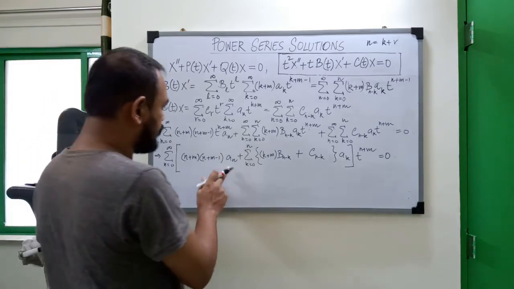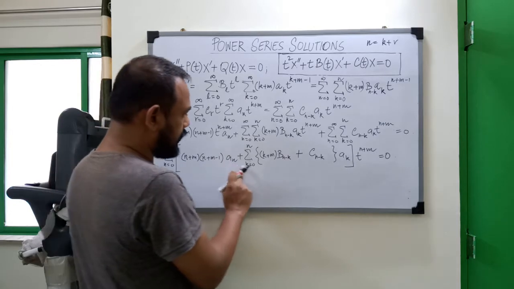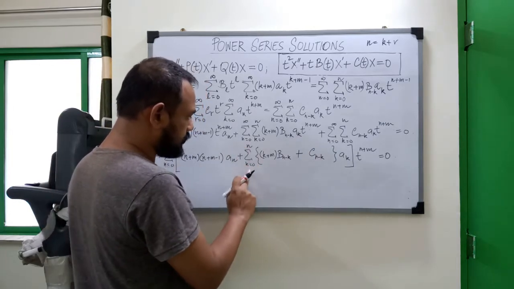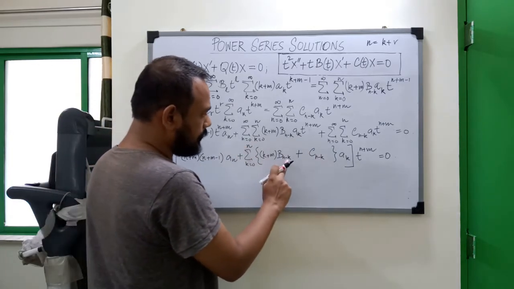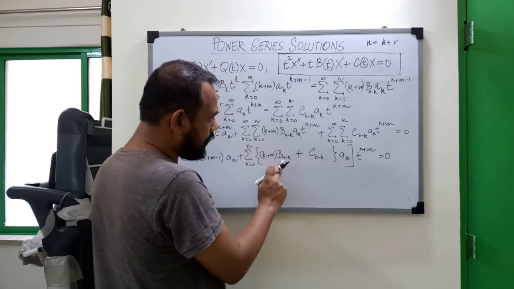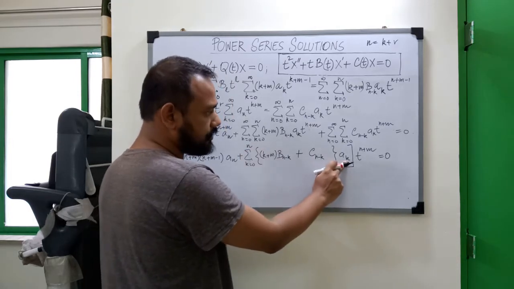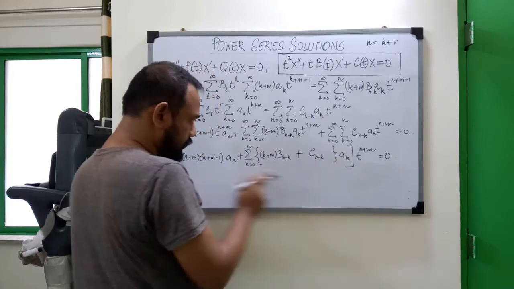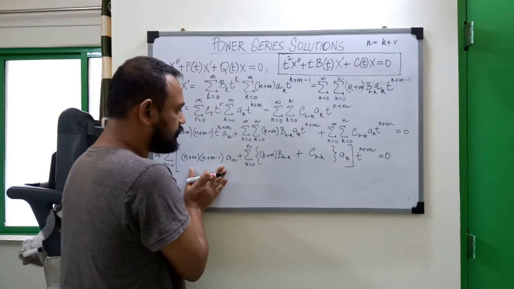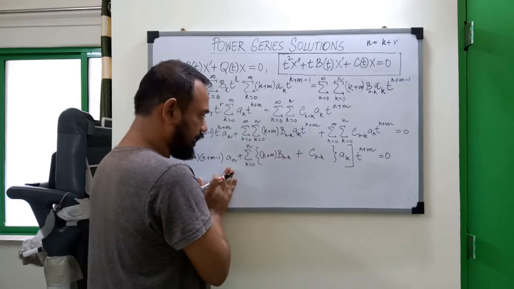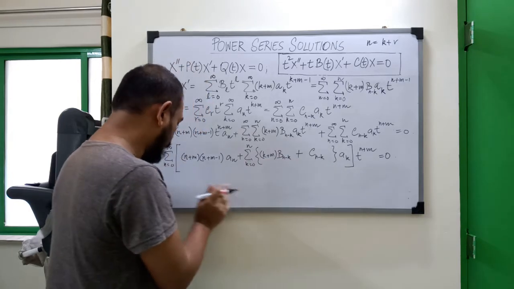We can do one more thing here. You can see that there is an a_n term, and in this summation there is an a_n term when k reaches n. So let's just take that out. We want to combine the a_n terms together and keep the rest of the terms as they are.